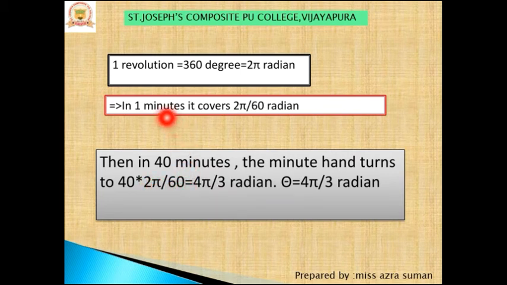Calculating and cancelling, 2 twos are 4, 2 threes are 6, so it becomes 2 into 2, which is 4, giving 4 pi by 3 radian. Therefore our theta equals 4 pi by 3 radian.